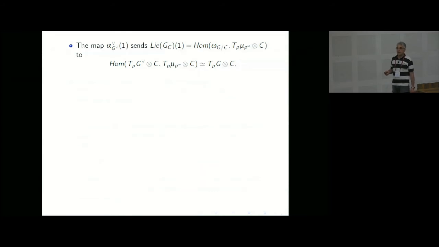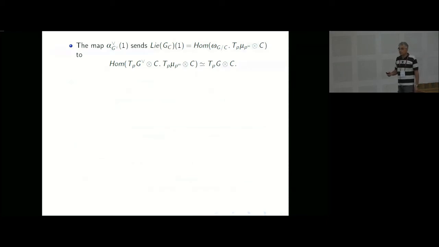But this, via the Weil pairing, or the generalization of the Weil pairing for p-divisible groups, is just the p-adic Tate module of G. So the roles of G and G hat were exchanged. That's why I do not consider alpha G, but alpha G hat. I also dualize this. I take the dual of alpha of the dual group. And on top of all this, because I'm using the Weil pairing, I have to twist by 1.